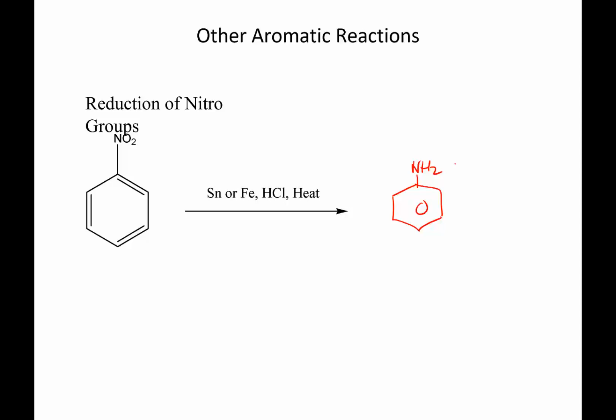There are some groups that I don't quite know how to add. And how do I add the NH2 group? By reducing a nitro group. How do I add an OH group? That's going to come from a diazonium salt. On Wednesday we'll talk more about this and finish this up.